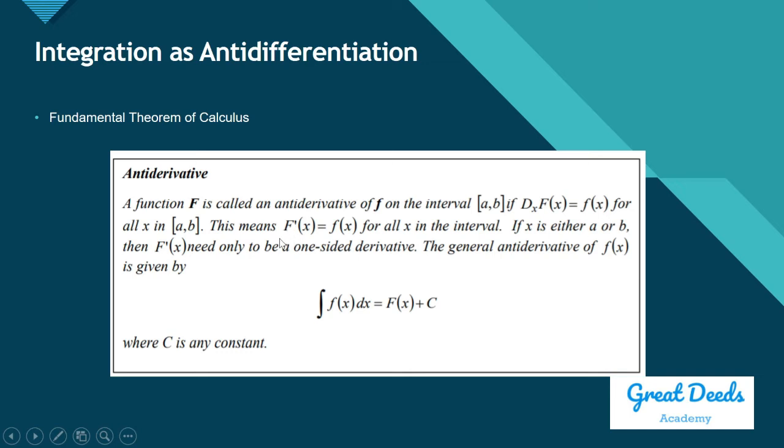What this means is that F prime of x is equal to small f of x for all x in the interval.